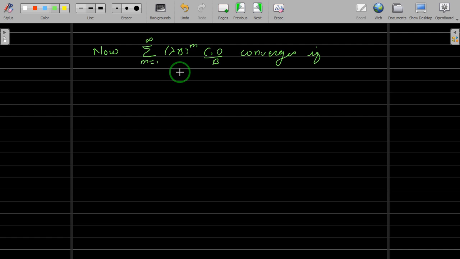if mod of x is less than 1. Yes, that's correct. Mod of lambda b is less than 1. In this case, your x is nothing but lambda b. And we know that b is a positive number. So this implies mod of lambda b is less than 1, right?